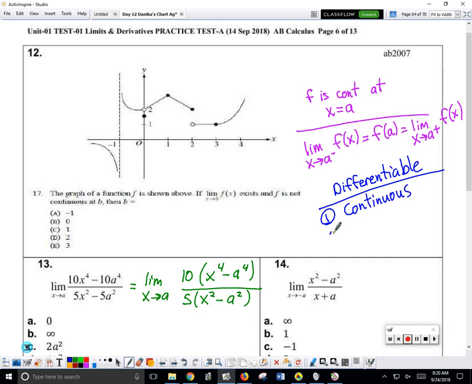Second thing I check for is it can't have a corner. Third thing I'm looking for is no vertical tangent. Not vertical asymptote, vertical tangent.